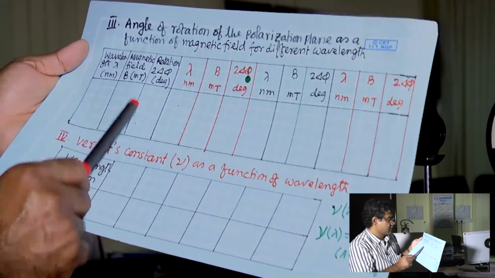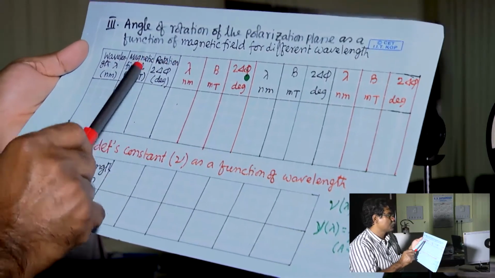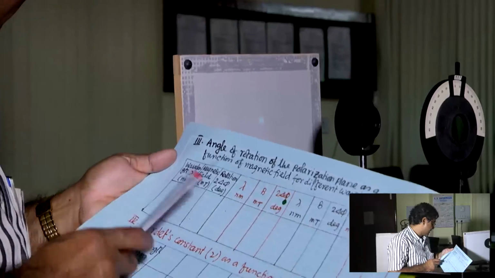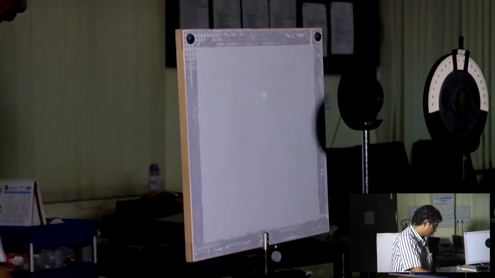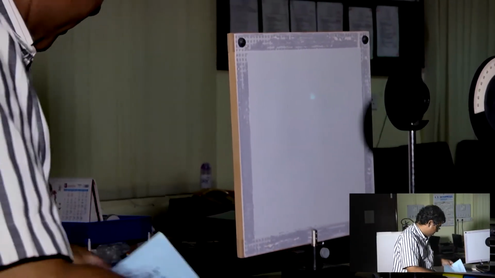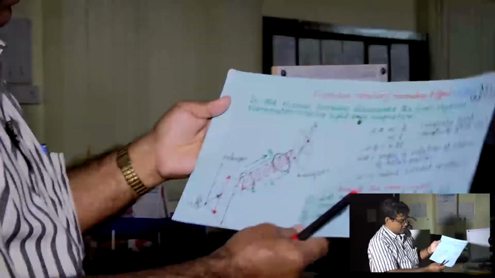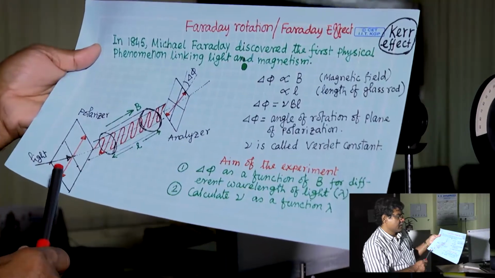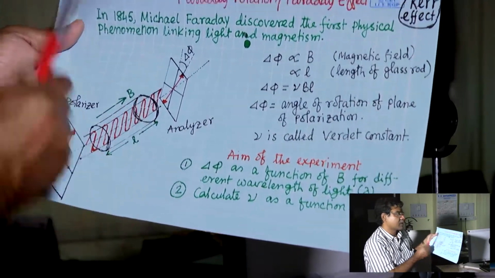Actually, I forgot this 2 del phi. Why are we taking 2 del phi, not del phi? We are taking double rotation.